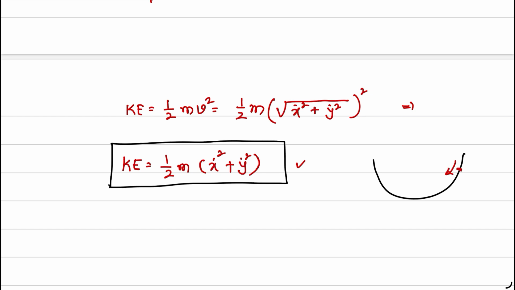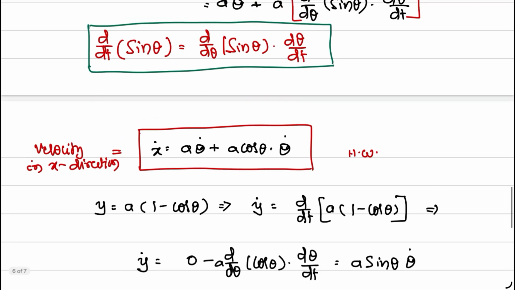This you got. Then what is the potential energy? Potential energy will be only because of the change of height in the y direction. That is V is equal to mgy. That is equal to mg into a into, what is the y value?